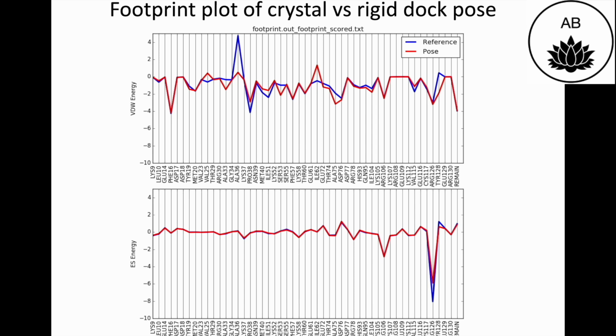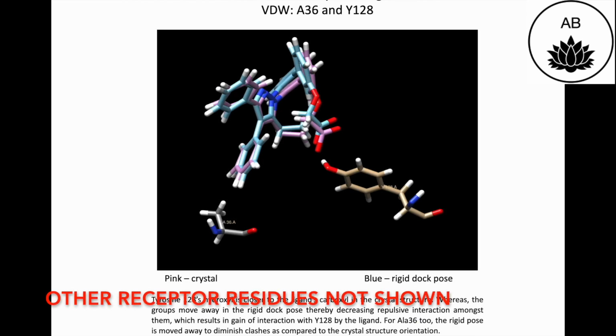Now, if I go back to the molecular interactions where these deviations are being noticed, here. So the pink one here is the crystal structure and the blue is the rigid dock pose. Here is the alanine 36 down on the left, and tyrosine 128 is on the right.